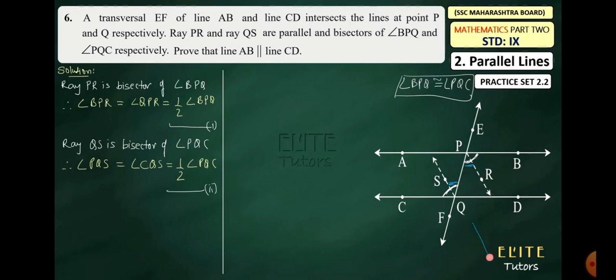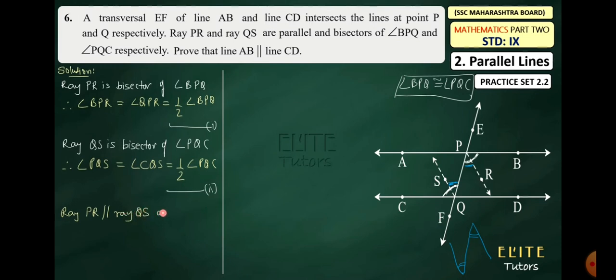So student, if we can prove BPQ is congruent to PQC, then we can easily prove line AB is parallel to line CD, forming a Z shape. Z shape angles are alternate angles, and alternate angles are congruent to each other. So we will use the alternate angle test and prove AB is parallel to CD.